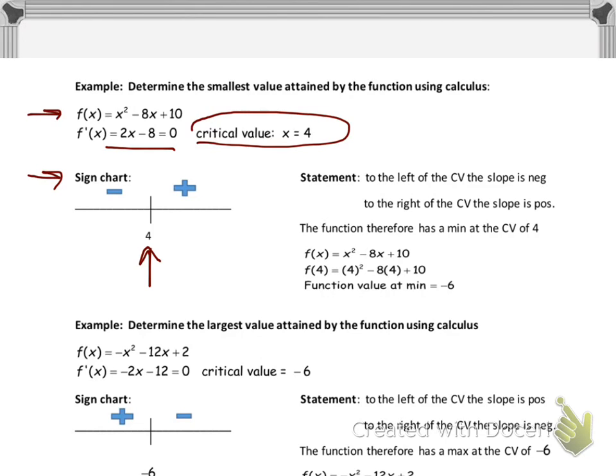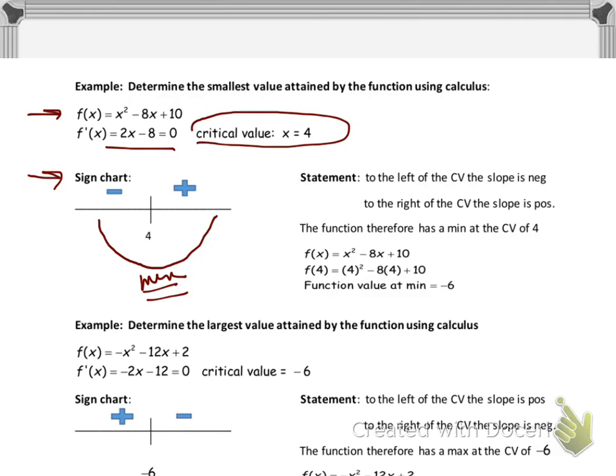So at the critical value, your slope is 0. Okay, that's why we set it equal to 0. To the left of the critical value, your slope is negative. Negative, 0, positive. At 4, you have a minimum.